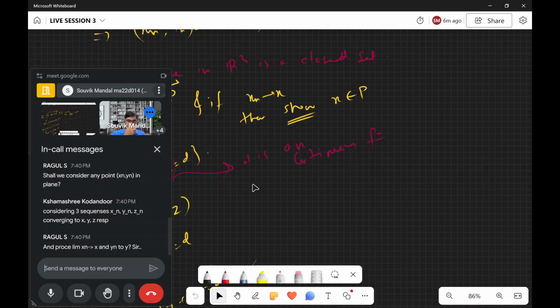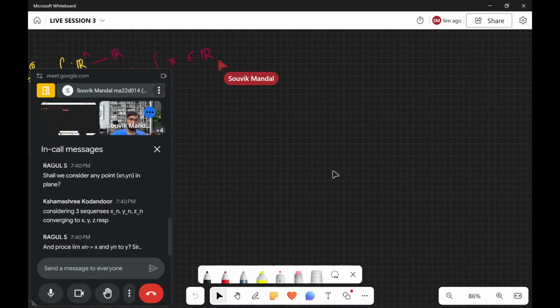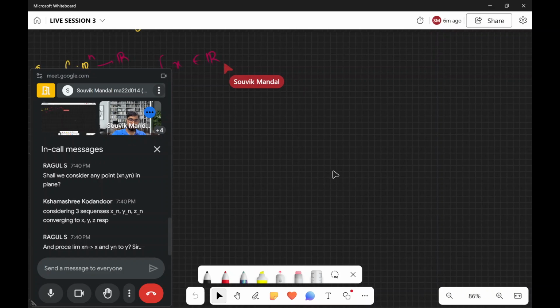So now suppose f is a function from Rn to R, so that the set of all those x belonging to Rn such that f of x equals d is a closed set.